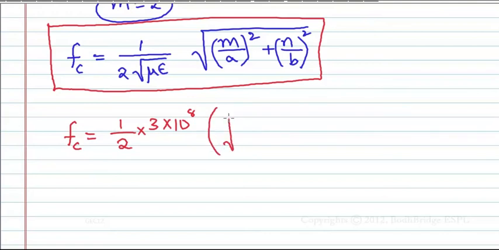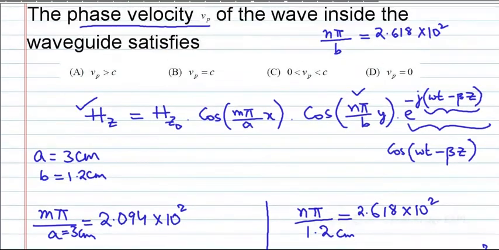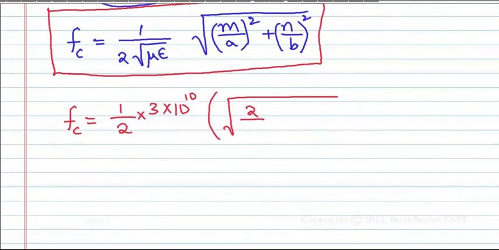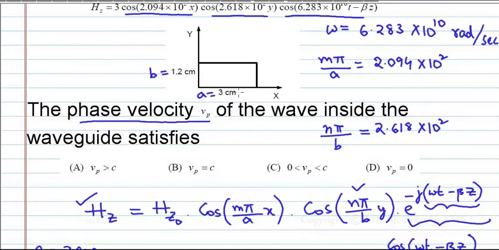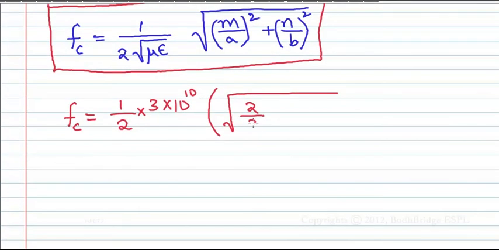We'll assume centimeters per second, so this becomes 3 × 10¹⁰. m is 2, a is 3 and b is 1.2: √((2/3)² + (1/1.2)²).